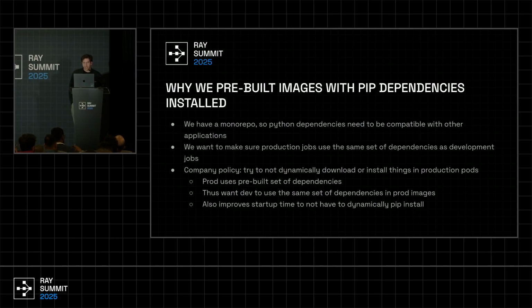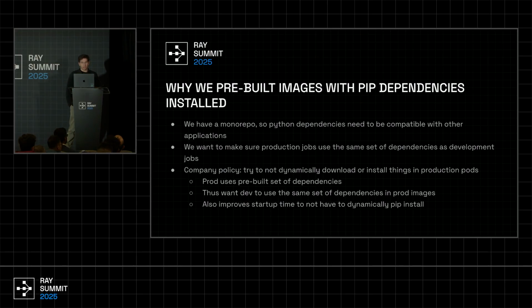So we decided to use images that have the pip dependencies pre-installed because we at Robinhood use a monorepo, and we wanted to make sure that the package versions that users are using in their jobs are compatible with the other first-party libraries that we package into our ML training platform.